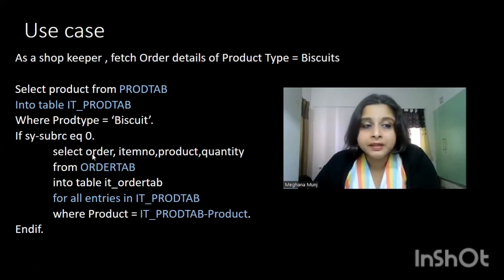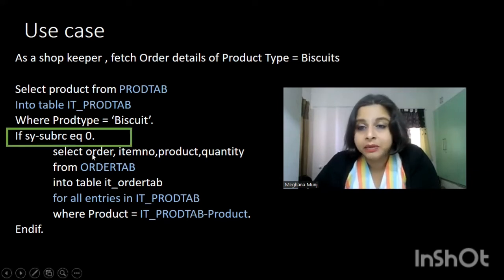Now it is followed by a sy-subrc check, always. So always remember that before you do FOR ALL ENTRIES for a particular internal table, if there is a select statement to fill that internal table, you check whether that select is successful and there are some entries selected in the internal table which you want to use in FOR ALL ENTRIES.